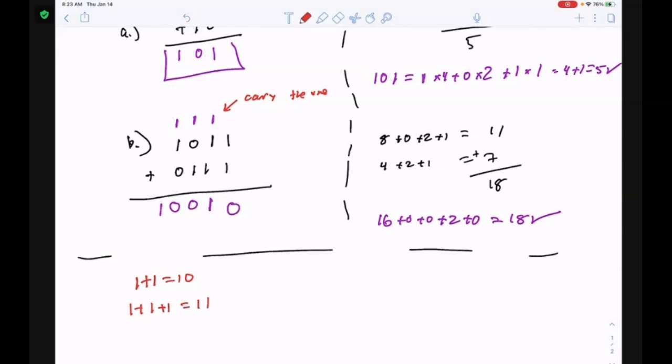Those are the only things that work differently in this math than other math. Every other case, because everything else can be plus a 0, works the same. 1 plus 1 is 10, or 1, 0. It's not the number 10, remember, it's 1, 0, which is 2. And 1 plus 1 plus 1 gives you 1, 1, which is the equivalent of 3, which makes sense.